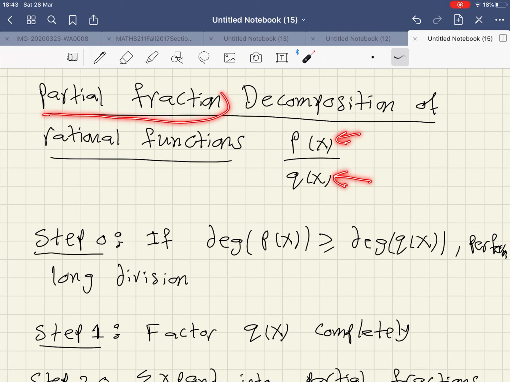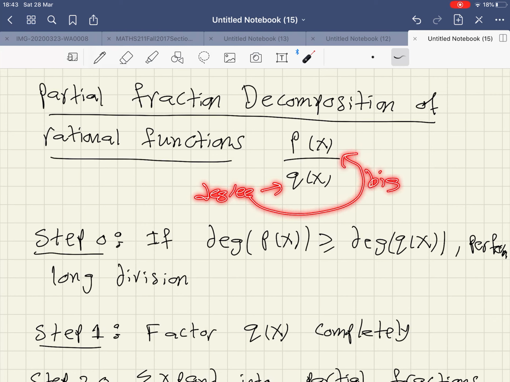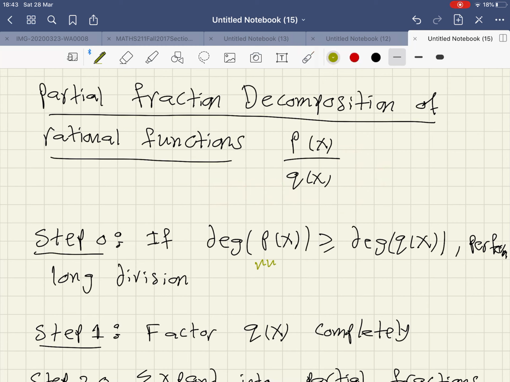To use partial fractions, the degree of the denominator must be bigger than the degree of the numerator. What happens if the degree of the numerator is greater than the degree of the denominator? This is the optional step where we do a long division to make the degree of the denominator greater than the numerator. We will see this at the end of this lesson, so we shouldn't worry so much about it.